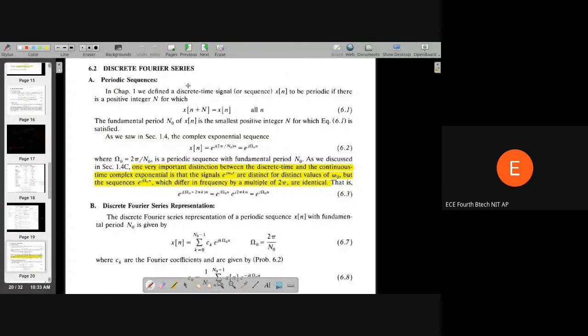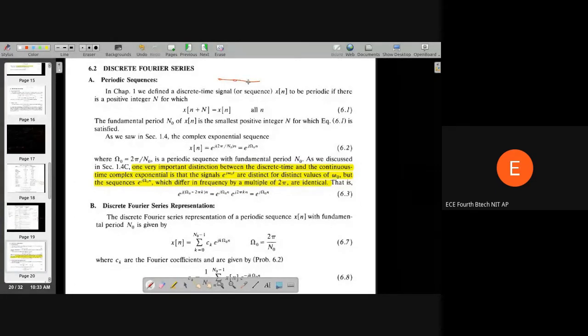So now moving on to the discrete version of Fourier series. What we have is these periodic sequences. Instead of the time axis being continuous, we don't have a continuous time axis now. We have just numbers, and those numbers could represent different times.